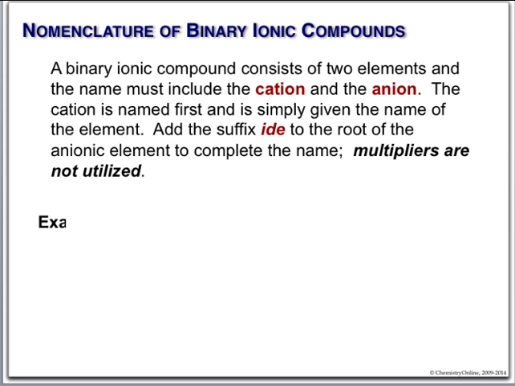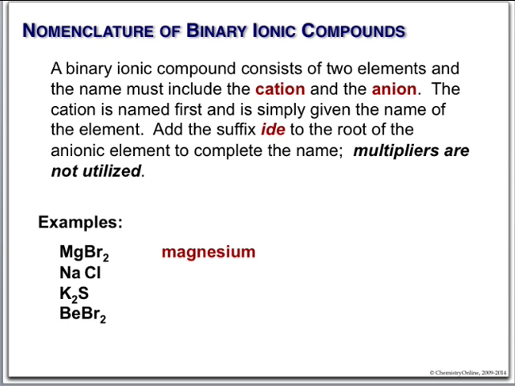Okay? So, here we have magnesium. That's our cation. So for our name, we write magnesium, space. For bromine, our root is going to be brome. We take our root, we add IDE, and this is magnesium bromide.